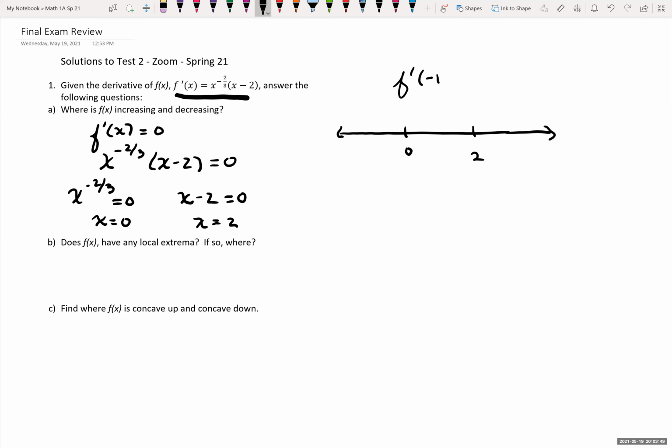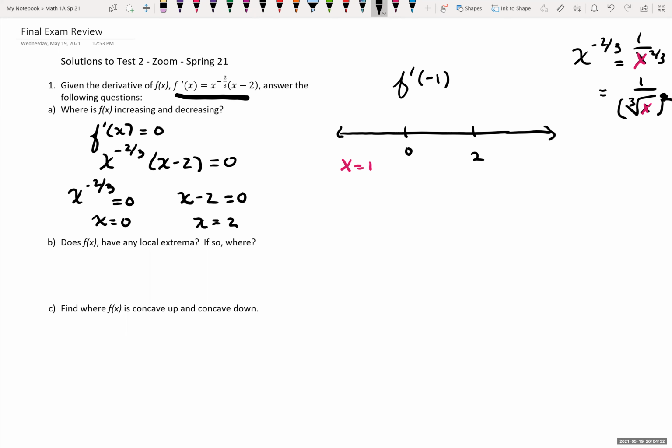So if you plug in -1 wherever you see an x in here, let's just talk about this x to the negative 2/3 power. This is the same thing as 1 over x to the 2/3 power, or same thing as 1 over the cubed root of x. And it doesn't matter if you square it outside or inside the radical. And so notice when we go in here, and if we plug in a negative number, well, cubed root, let's say if x equals -1, that's going to be -1, but then we're going to square that number.